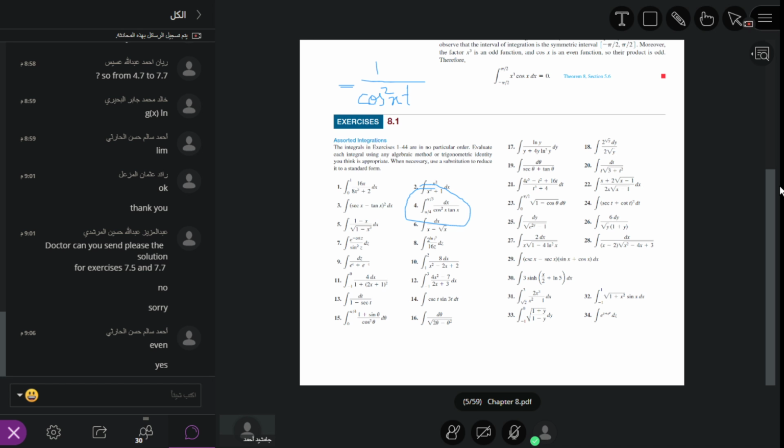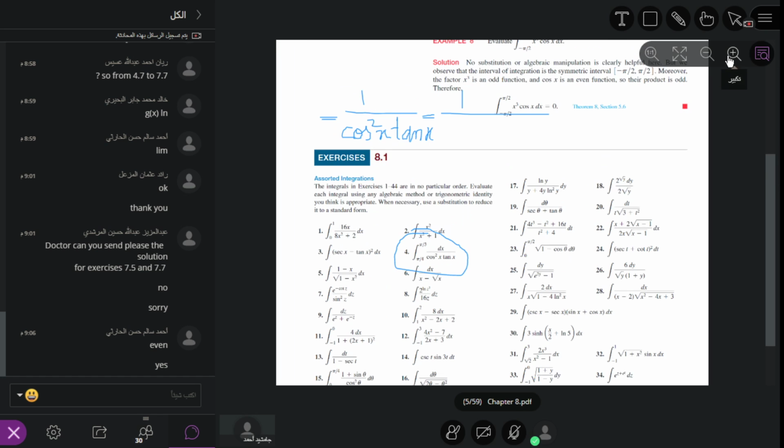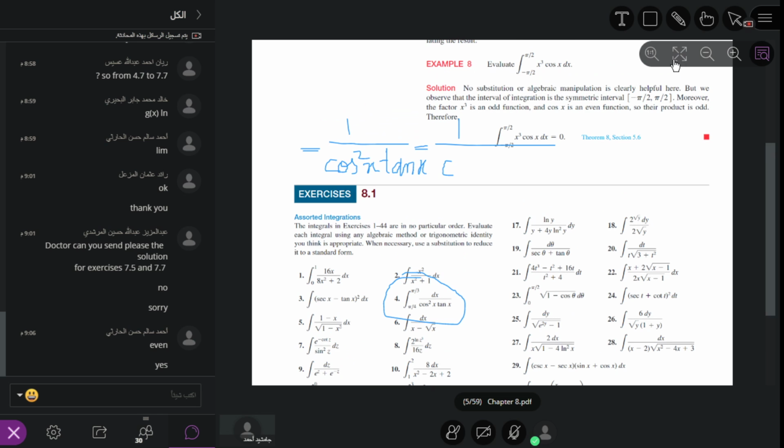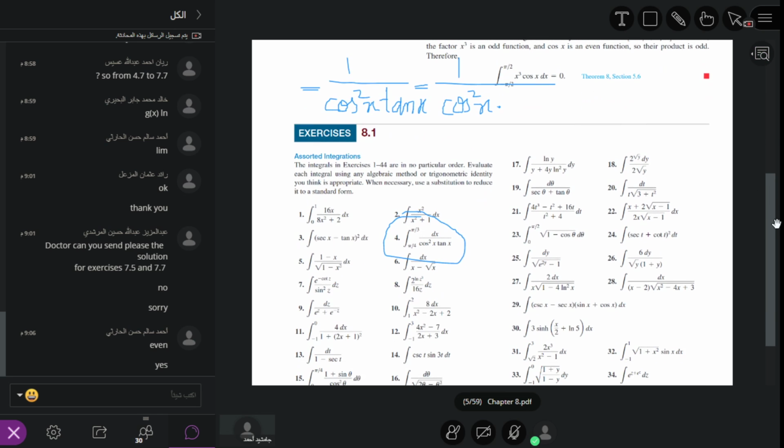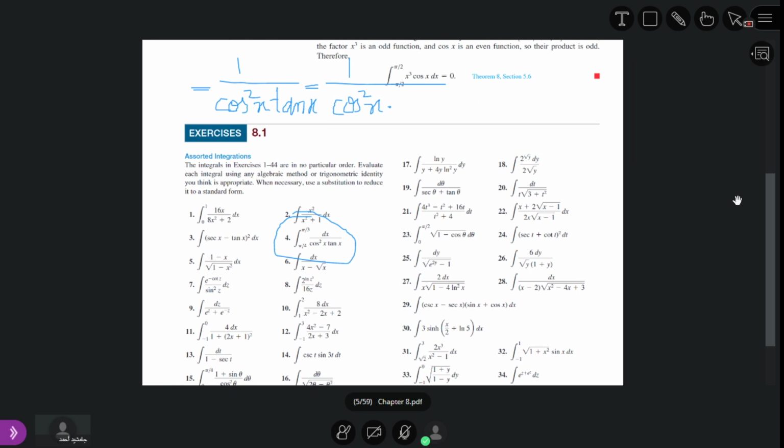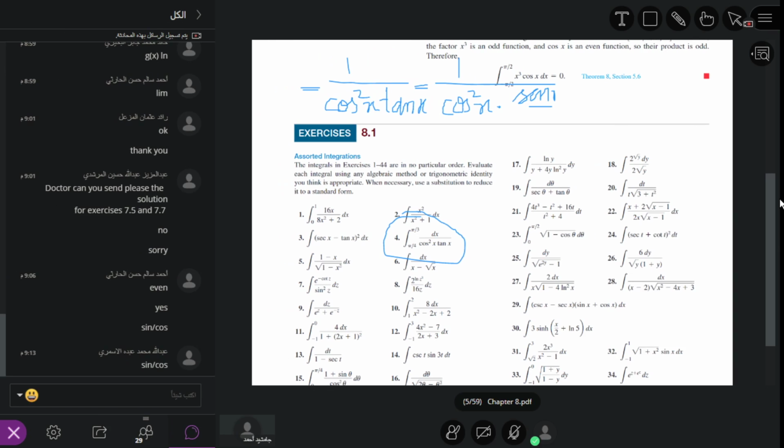What is the definition of tan x? Sine over cosine. So we put here cosine square x times sine over cosine. Now the cosine will be cancelled with the square.